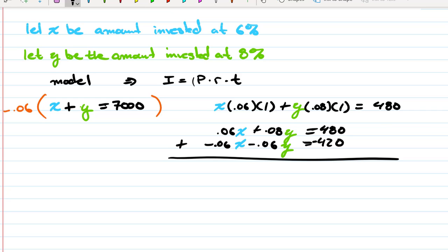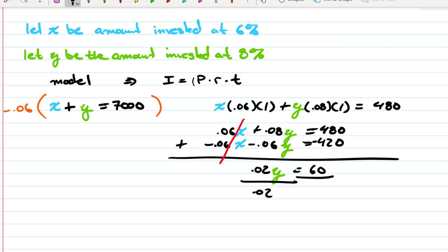So then I add my equations up, and the x's eliminate as they're supposed to, and then I get 0.02y is equal to 480 plus negative 420 is 60.